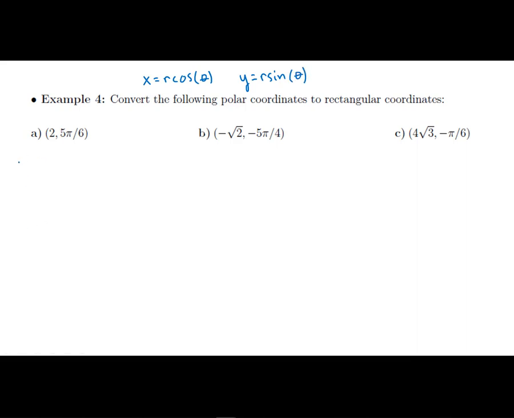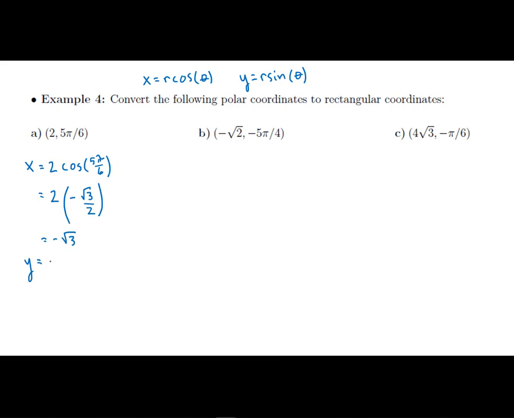And these are going to be the way that I will make my conversions. So over here, I know my x is equal to 2 times the cosine of 5 pi over 6, which is 2 times, well, the cosine of 5 pi over 6 would be negative root 3 over 2, which is negative the square root of 3.